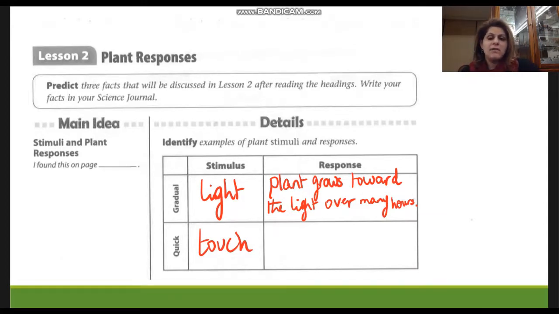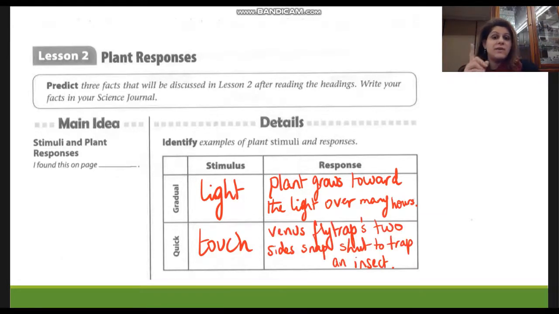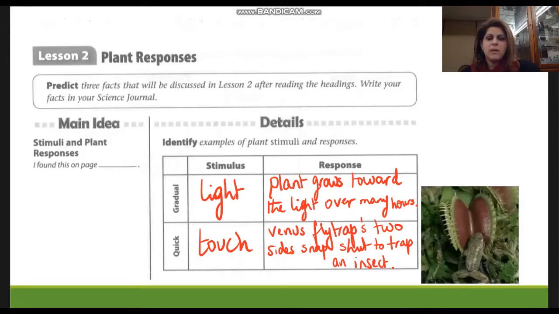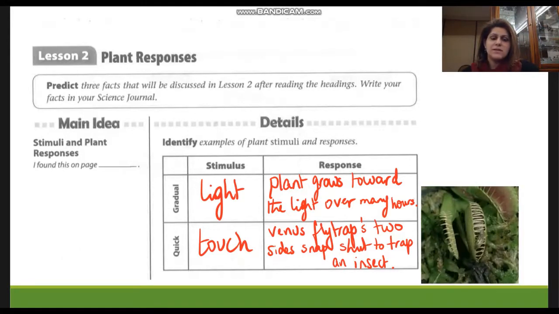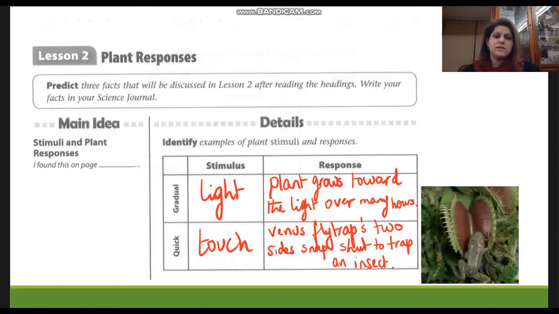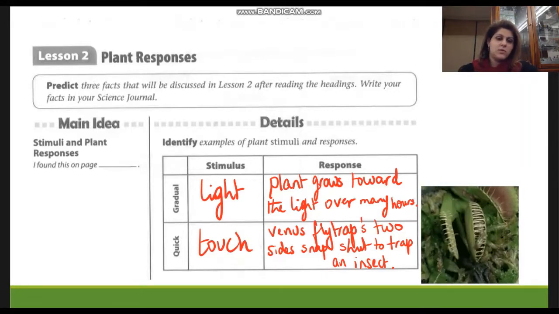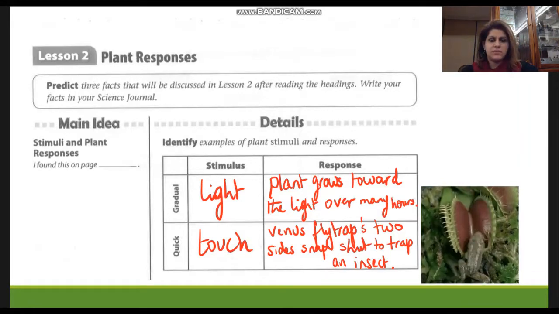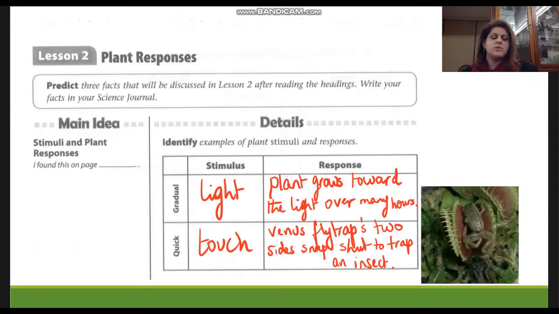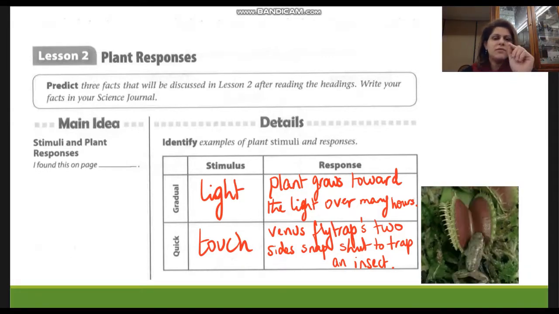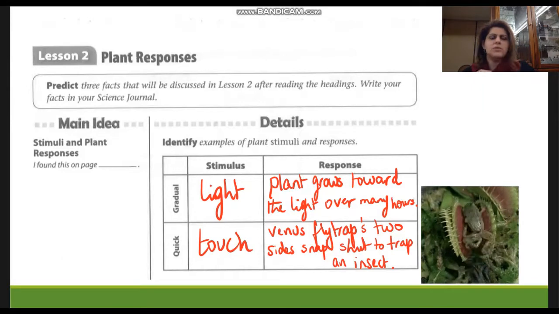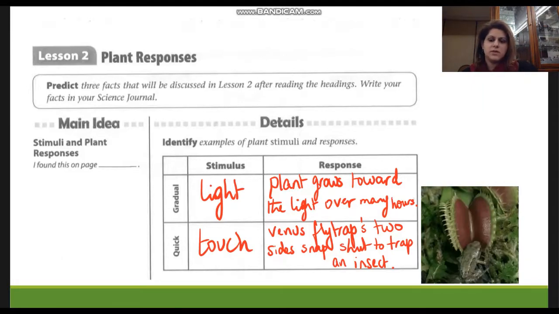So they will have a response that is very quick. For example, the Venus flytrap, two-sided, will snap shut to trap an insect. So that's an example. So this is called the Venus flytrap, while there are some different examples of those. So they will close to catch an insect, whatever. Maybe you put your finger, it's going to close. So this is the response that it's going to have.